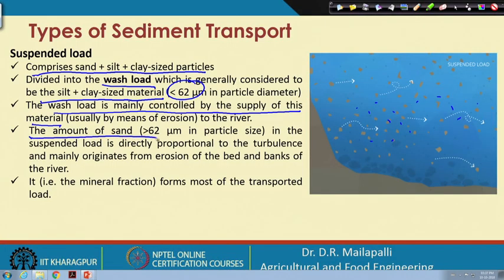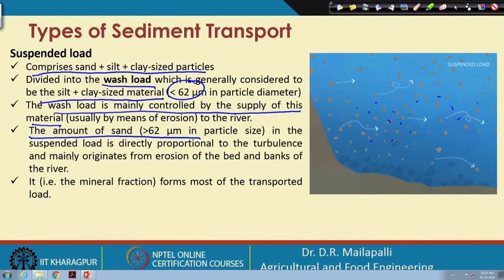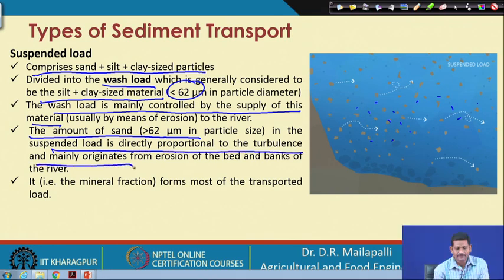And the amount of sand, if suppose more than 62 microns, that is called sand in the suspended load, directly proportional to the turbulence, and mainly originates from erosion of the bed load and banks of the river. So, mostly the coarser particles which are not part of the suspension.